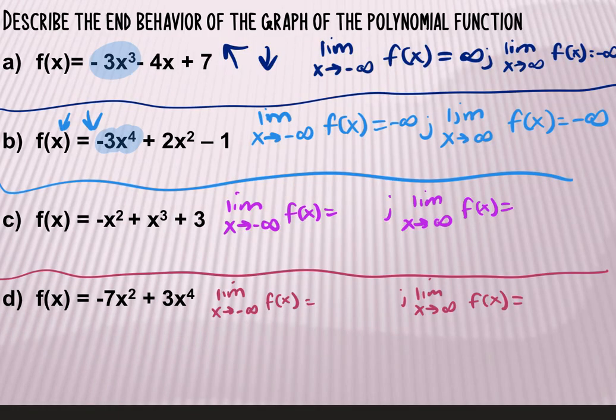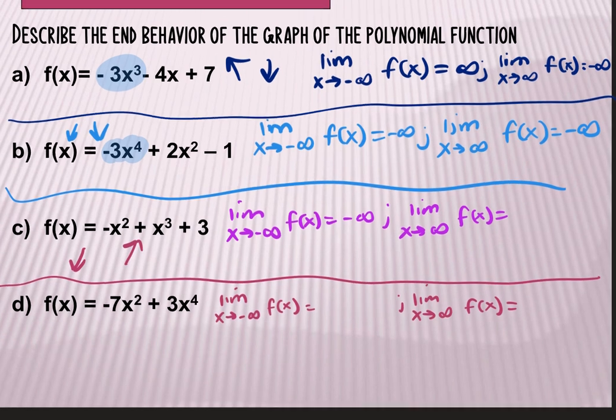All right, so C, what's my leading term? x to the 3rd, which is odd and positive, which means what in normal words? Falls left, rises right. So the limit as x approaches negative infinity, f of x would be negative infinity.